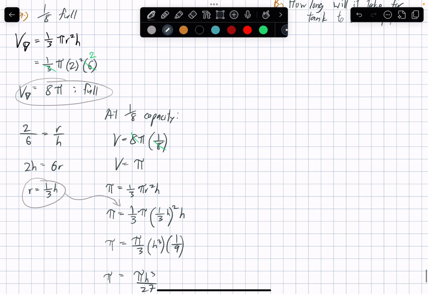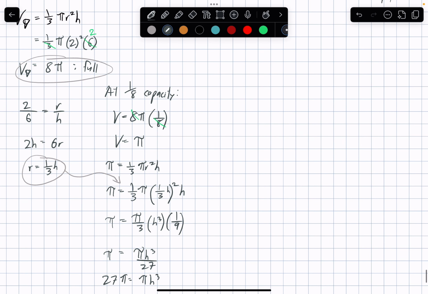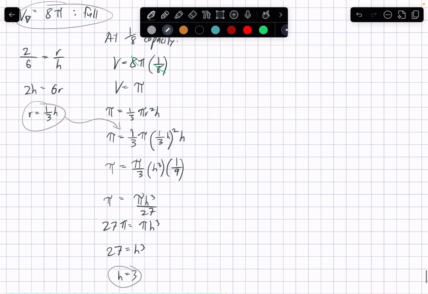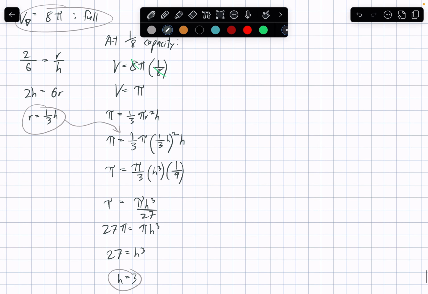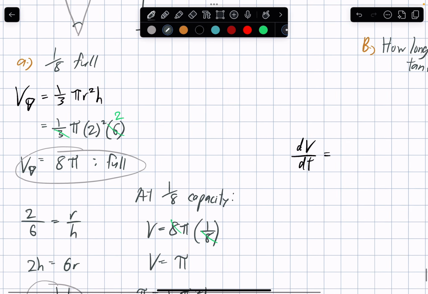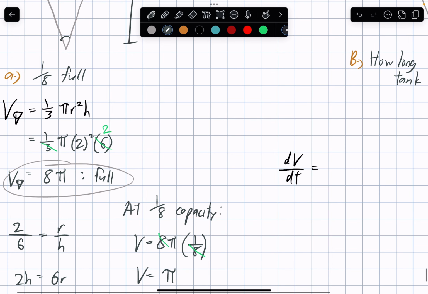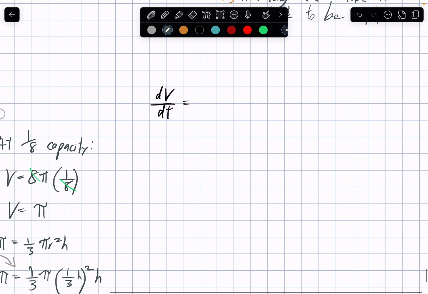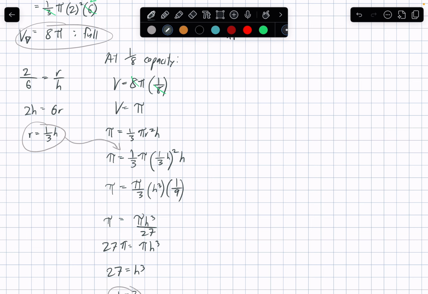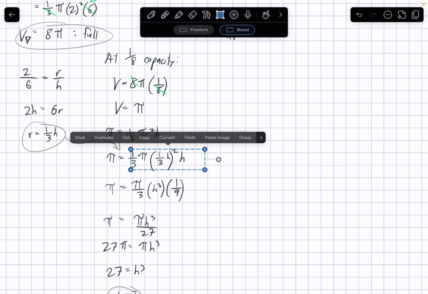What do we do next? dV over dt. So again, the formula of the volume of a cone is 1/3 pi r squared h. Find the derivative. And of course, we use this.